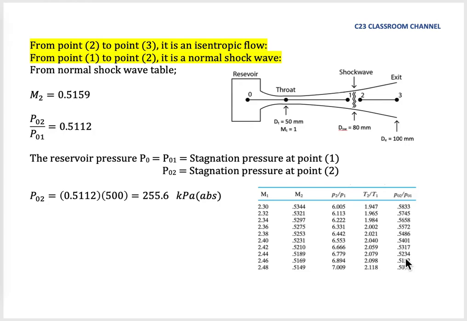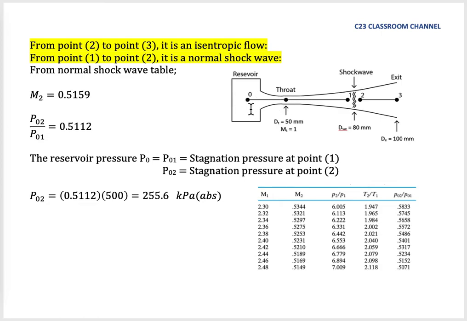Between these numbers, if you calculate it precisely, you will get 0.5112. So we can calculate the stagnation pressure at point number 2 is equal to 0.5112 times 500, and you will get 255.6 kilopascal absolute.